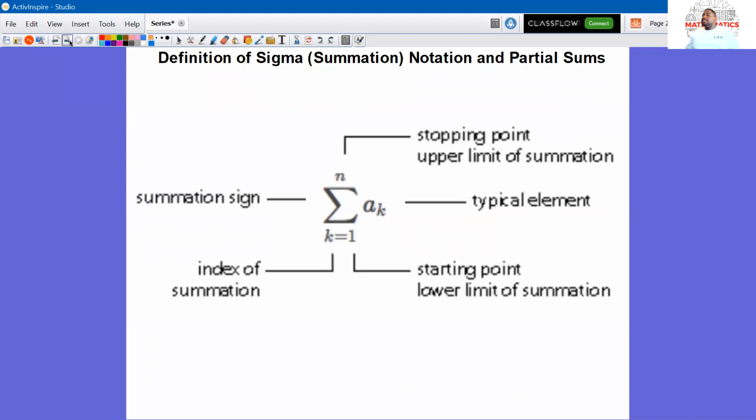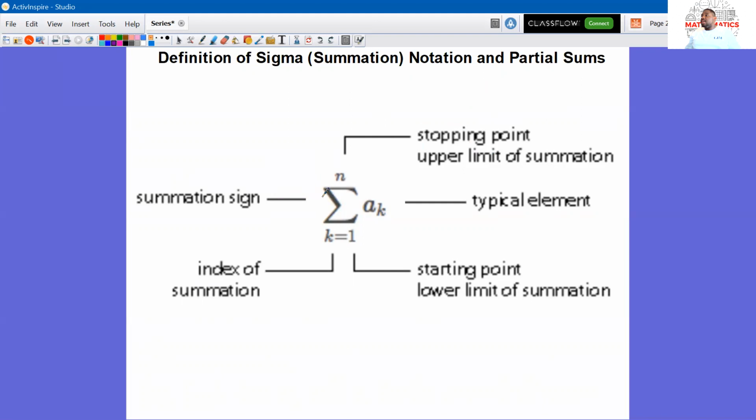The definition of sigma notation, which is a partial sum, is given by this symbol here. The Greek letter symbol looks like a little E. You have things that are going to be added together.